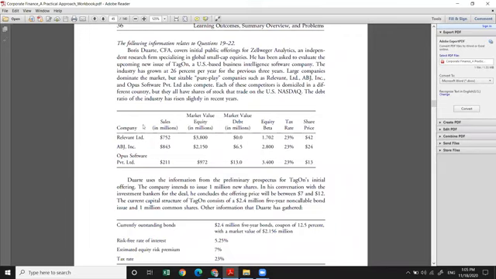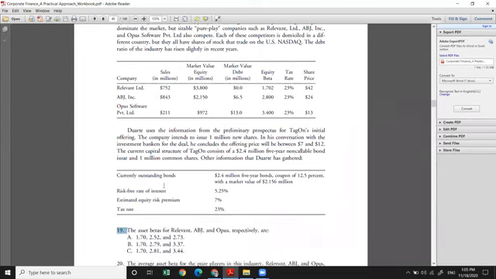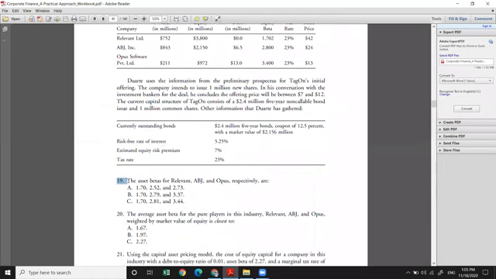This is not a publicly traded company, but there are some comparable companies provided here, like Relevant, ABG, and Opus Software. They are located in different countries, but they're in the same industry.